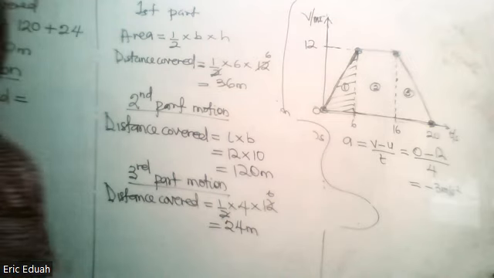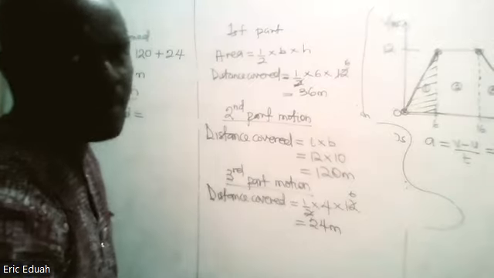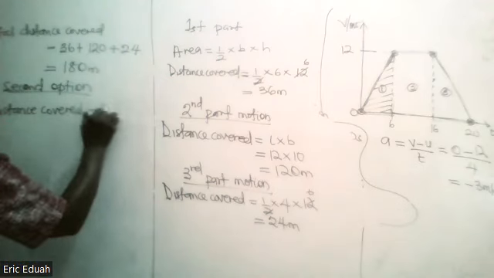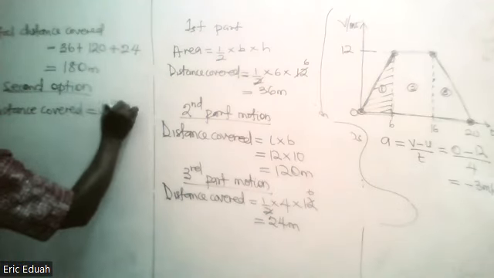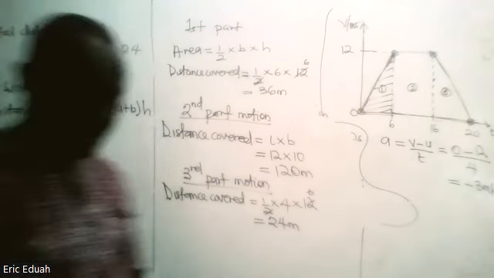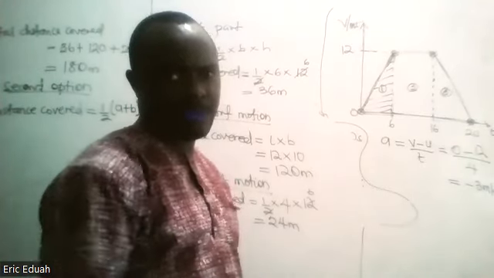And what's the formula for determining the area of a trapezium? Half A plus B times H. Let's deduce A and B from the diagram.